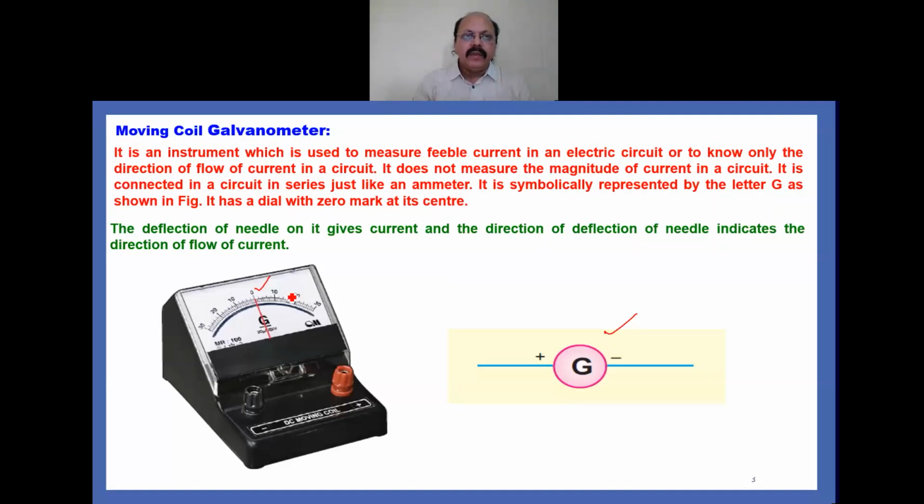Now, what is actually in your syllabus: on what principle this moving coil galvanometer depends, and what are its construction and working, that is, what is basically inside this moving coil galvanometer, that you must understand.